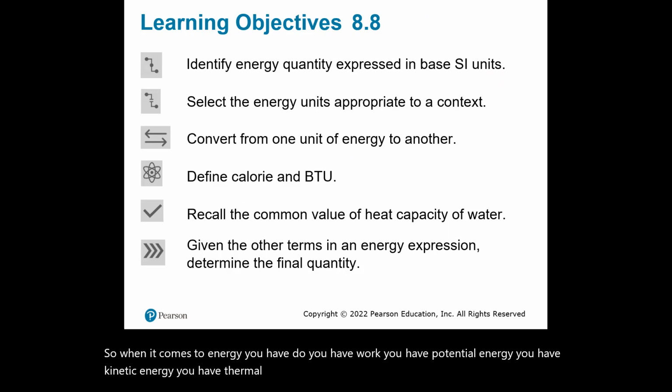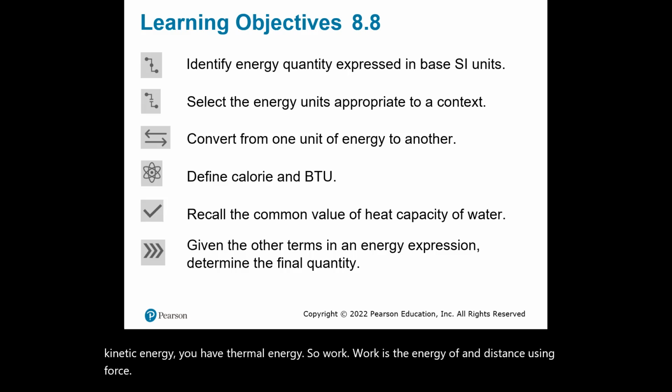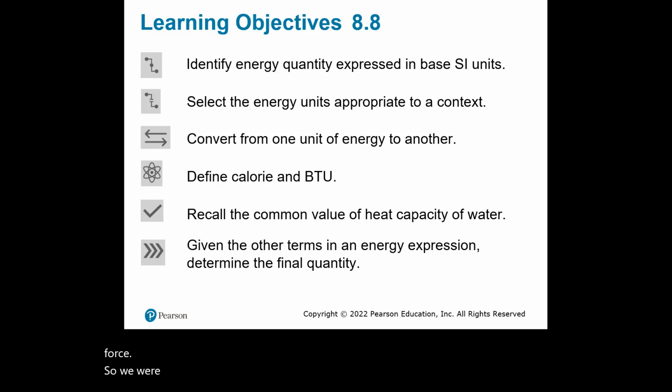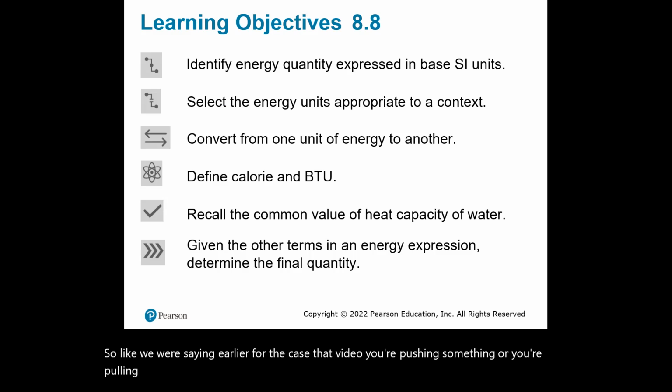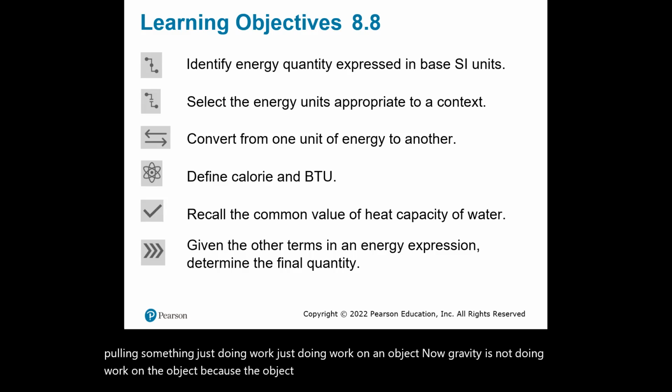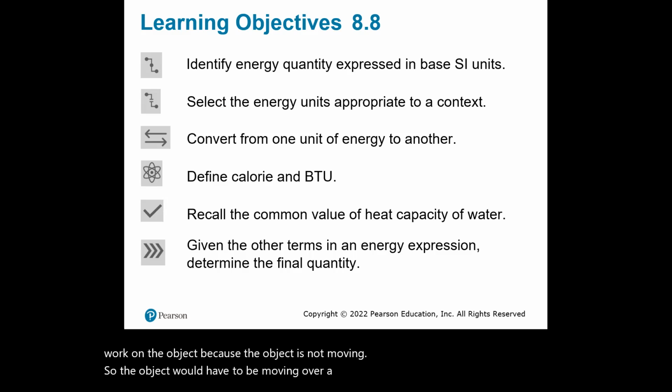Work is the energy of change in distance using force. Like we were saying earlier, when you're pushing something or pulling something, you're doing work on an object. Gravity is not doing work on the object because the object is not moving. The object would have to be moving over a distance in order for there to be work.